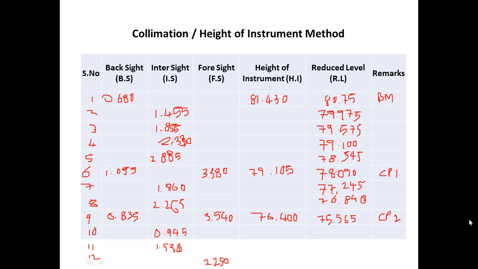So 76.400 minus 0.945 gives the answer of 75.455.